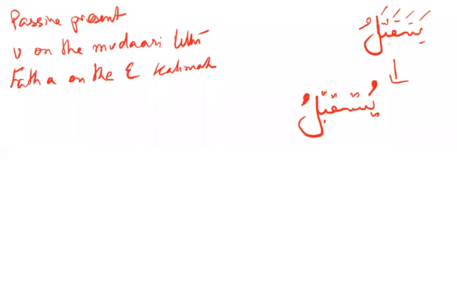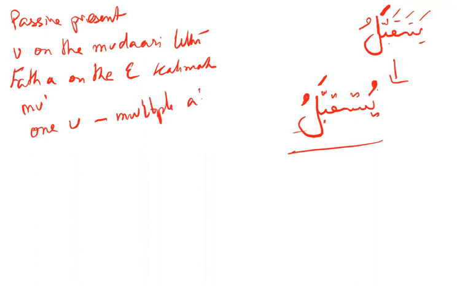So for the shadda, we need to decide what it will be. Ain kalima here has a shadda, so it will be fatha on the ain kalima. It's the same because there was already a fatha here. And because we have more letters, they will be multiple fathas.